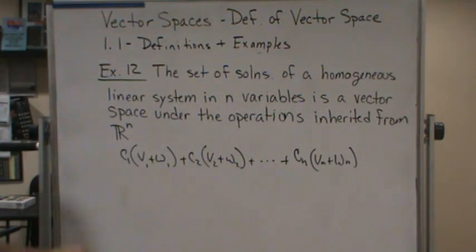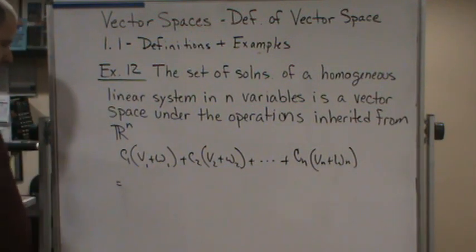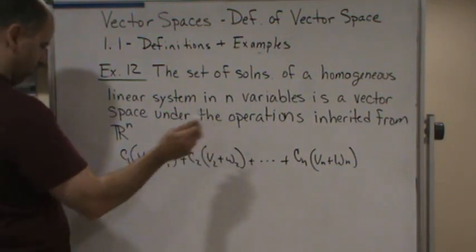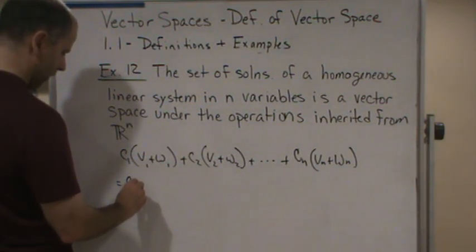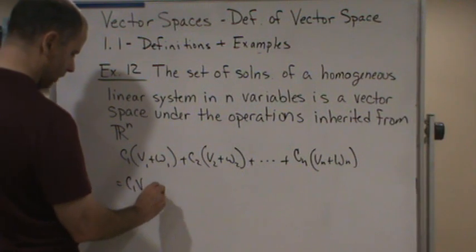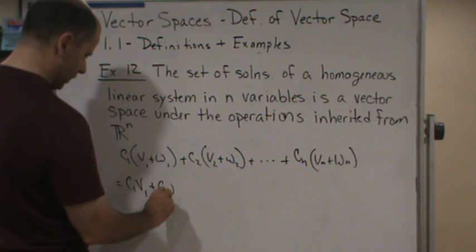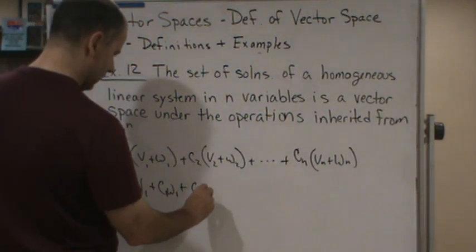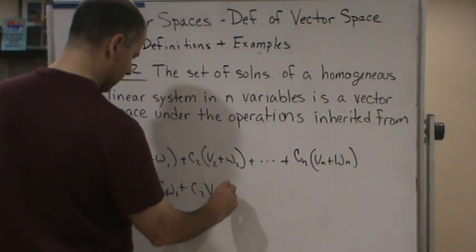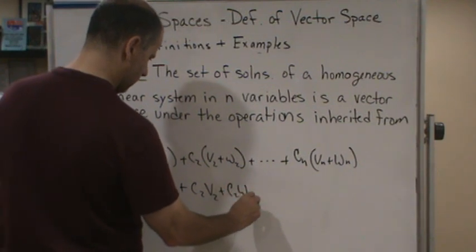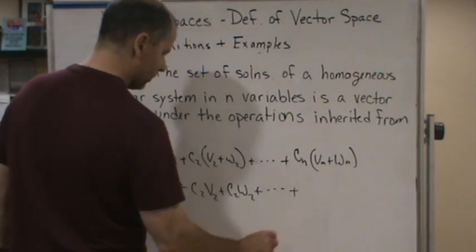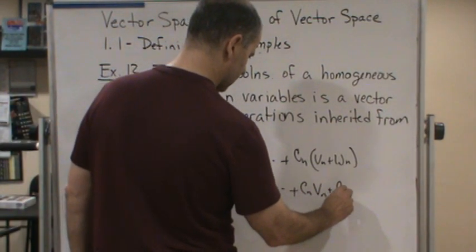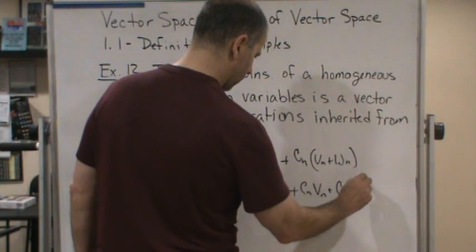Right? Well, that's going to equal what? We can distribute. So that's going to be C1 V1 plus C1 W1 plus C2 V2 plus C2 W2 and all the way to Cn Vn plus Cn Wn, right?